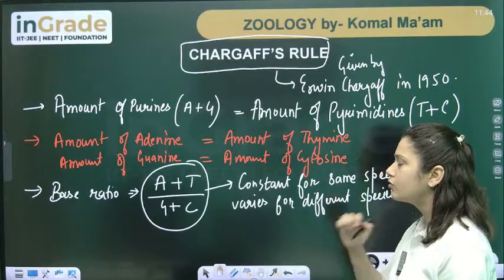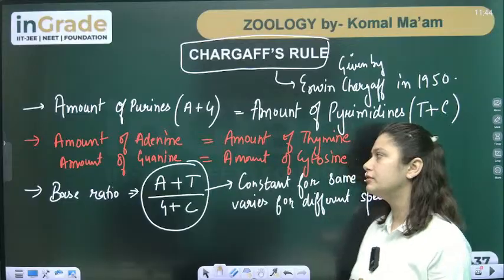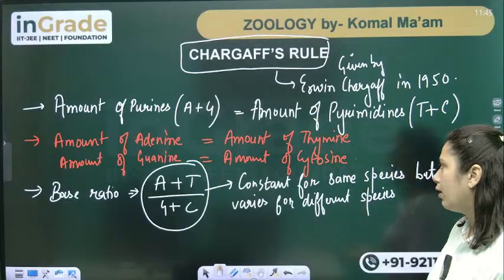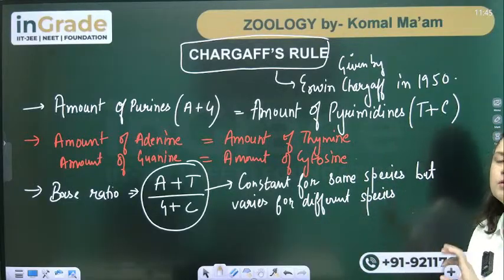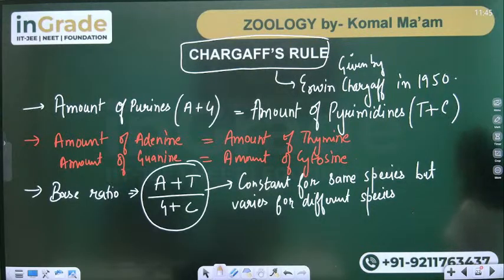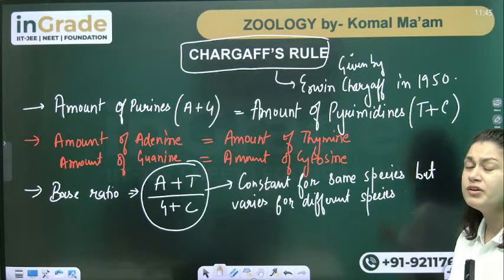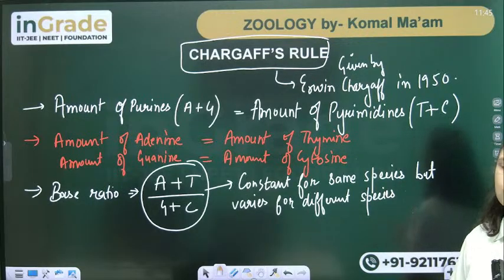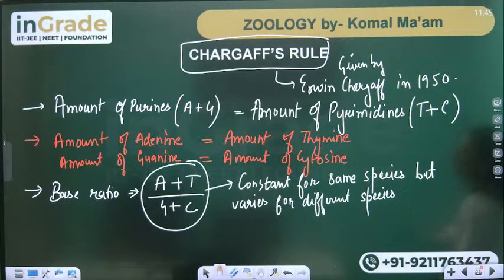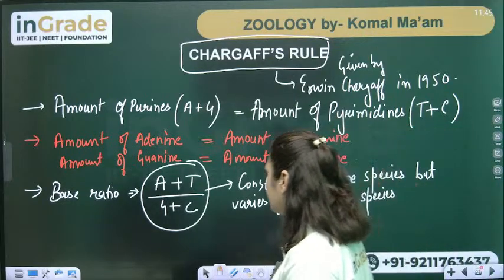If it is more than one for humans, it will remain more than one for every Homo sapien, but if we compare between Homo sapien and lion, this base ratio will be different.